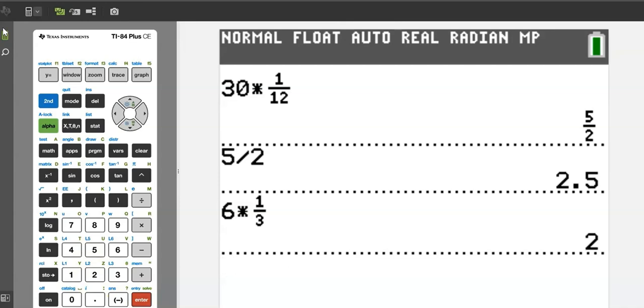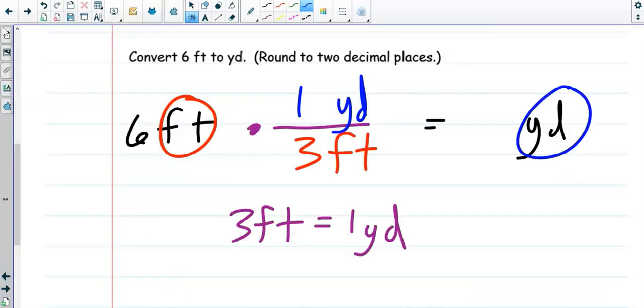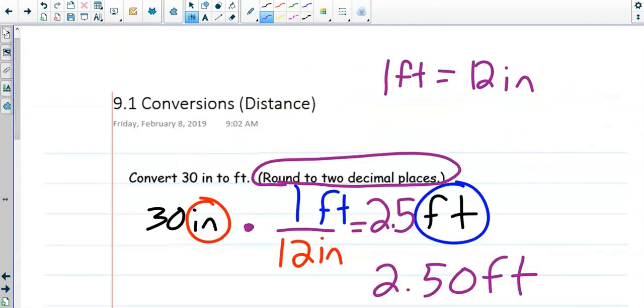Or if you want to include the rounding of 2 decimal places, you could call it 2.00 to have your 2 decimal places there, if you wanted to. Again, that's all we're doing in 9-1. They're going to give you some sort of information, and they're going to tell you what to convert to. So find that conversion relationship, make the fraction, and do your multiplying. That's it.